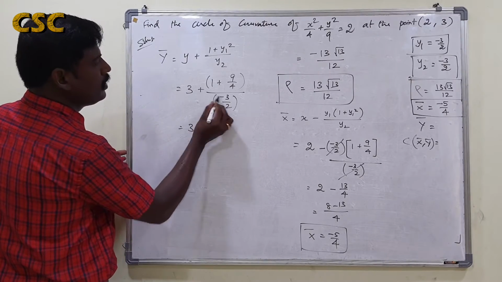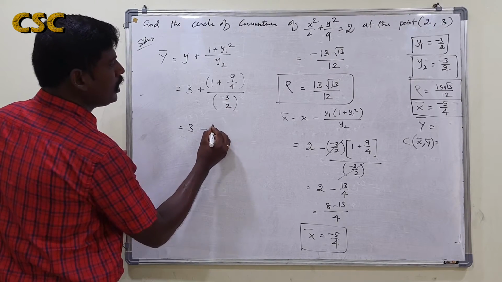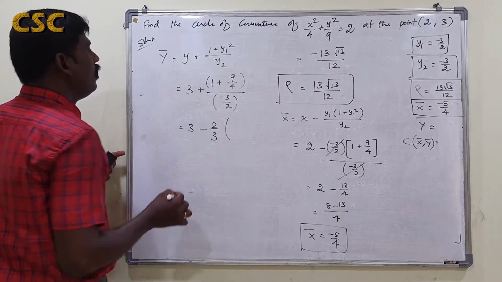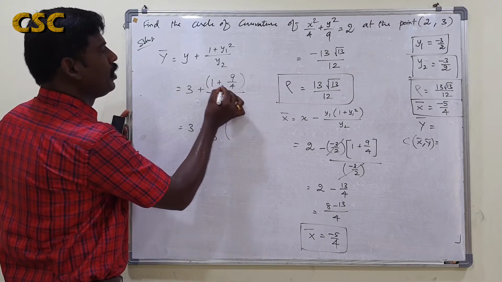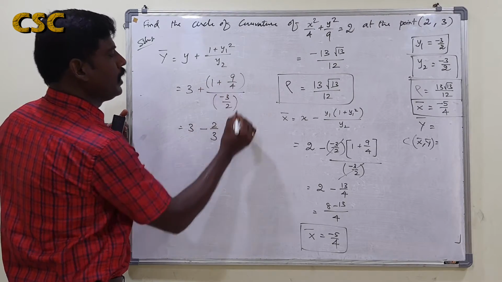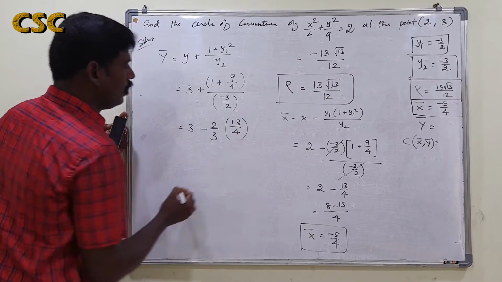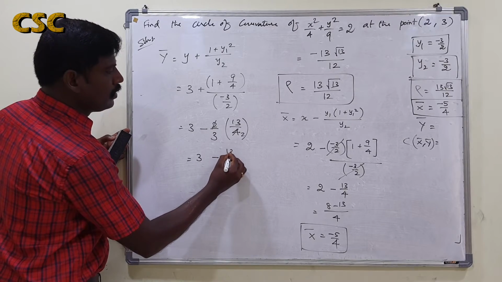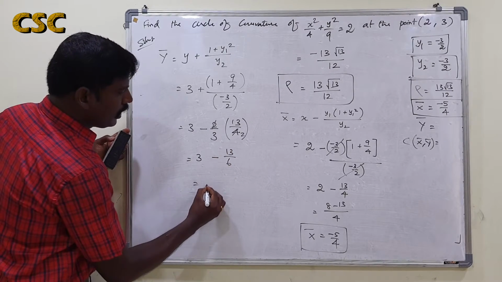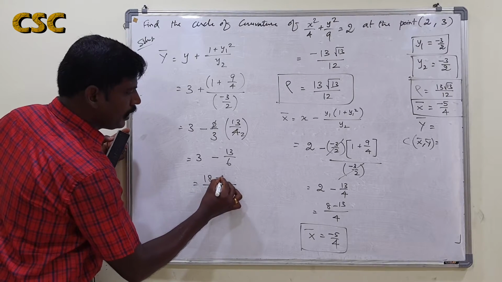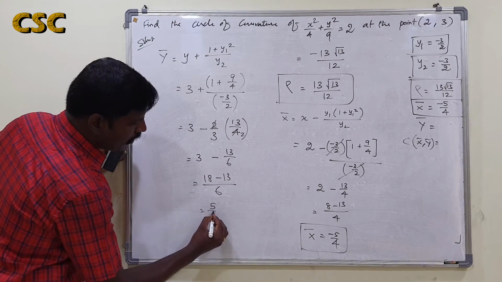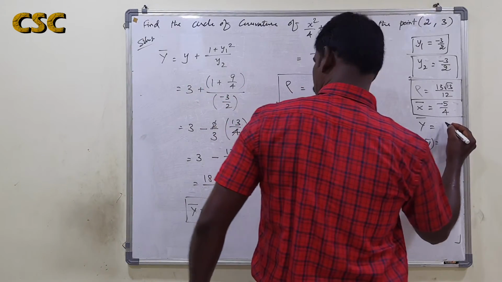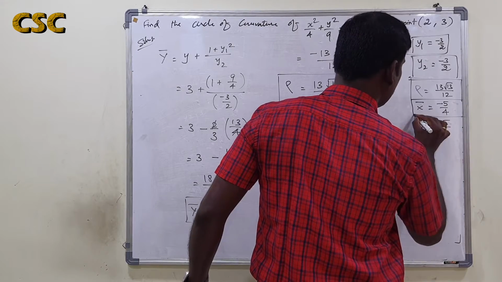This plus into minus becomes minus, and 3 by 2 becomes the reciprocal, multiplication 2 by 3, into the numerator 1 plus 9 by 4, taking LCM as 4, 4 plus 9, 13 by 4. I strike out this 2 with this 4, so 3 minus 13 by 6. Taking LCM as 6, 18 minus 13, that is equal to 5 by 6, which is the value of y bar.